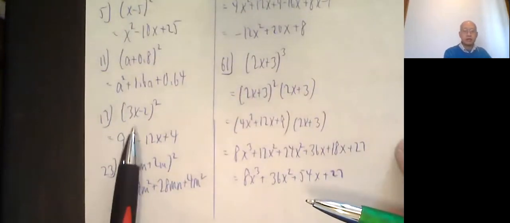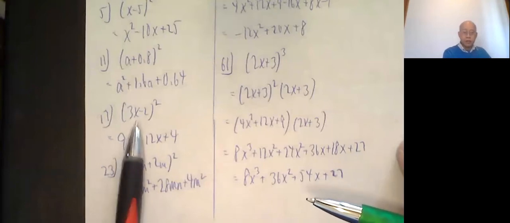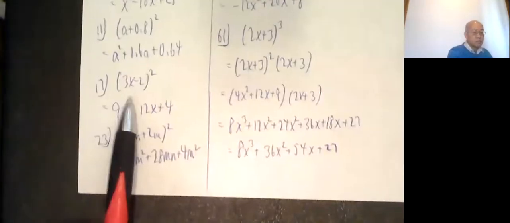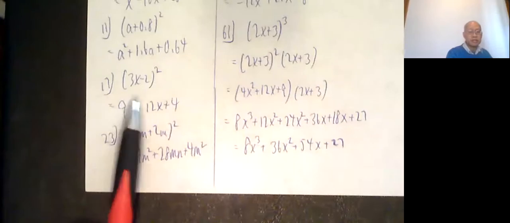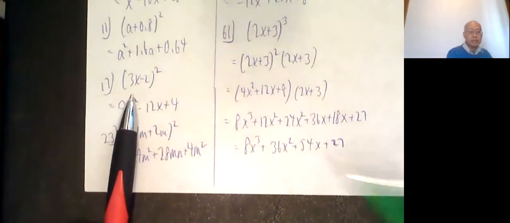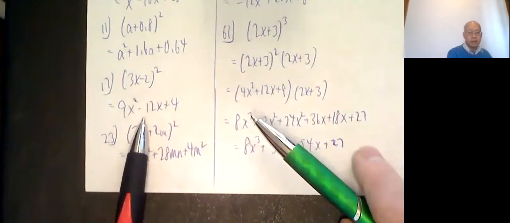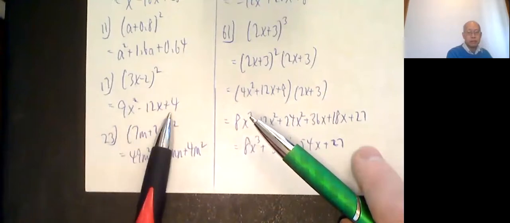3x minus 2 squared: 3x squared is 9x squared, minus, the middle one again is minus 2ab, so minus 2 times 3x times 2. 2 times 3x is 6x, times 2 is 12x, plus b squared, plus 4.